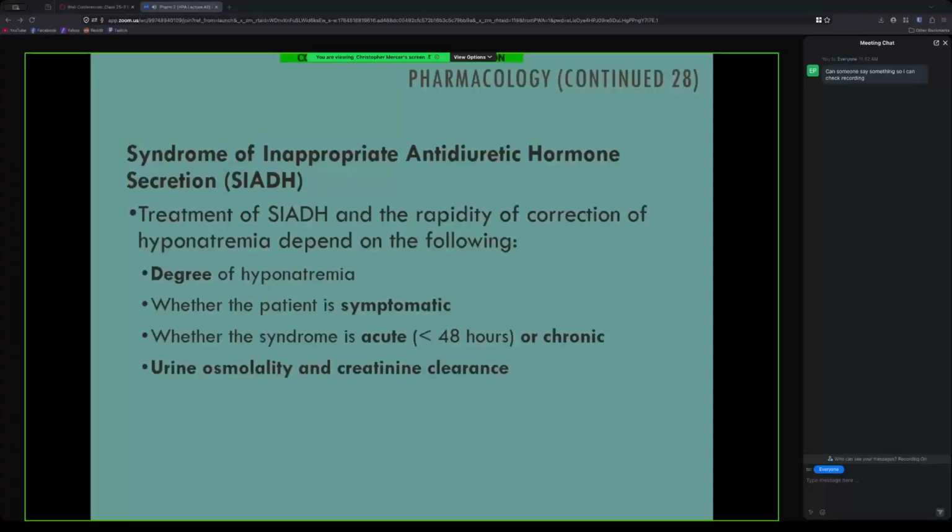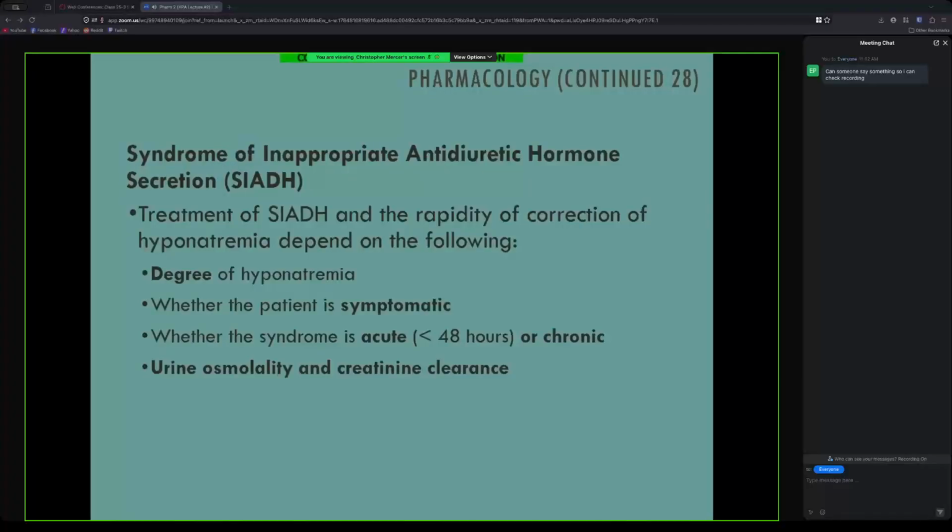Okay. So we have to look at the urine osmolality and the creatinine clearance to help confirm the diagnosis, and then see how well the kidneys are working for concentration ability. So always use these four factors in your decision framework when you're treating a patient with SIADH.